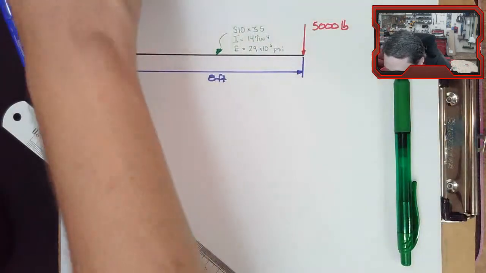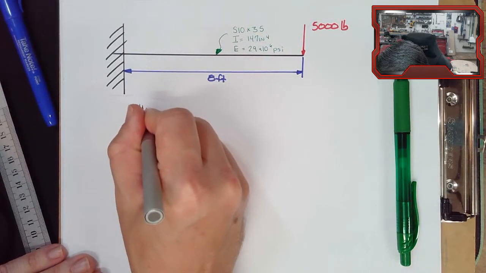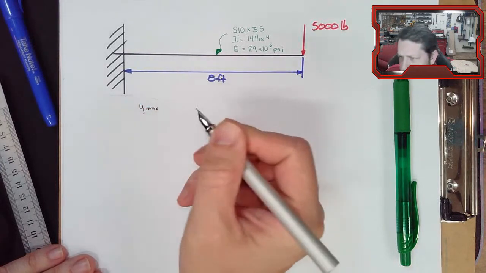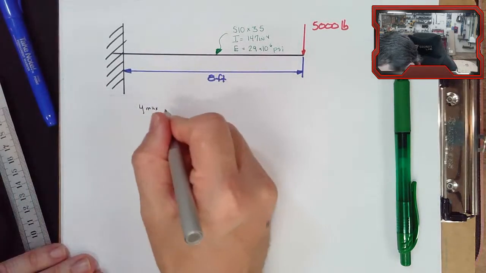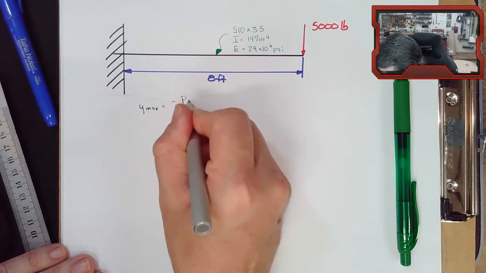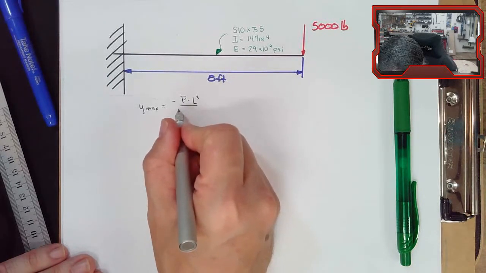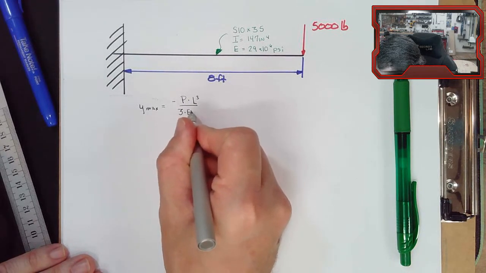All right, so our equation was y max. You might use delta if you like delta for deflection. This chart uses y. Negative PL cubed over 3EI.